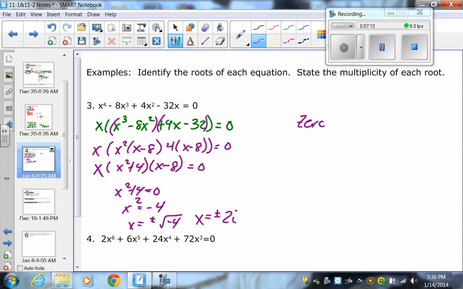So my zeros are 0, 8, 2i, and -2i, or you can just write plus or minus 2i. And all have a multiplicity of 1.